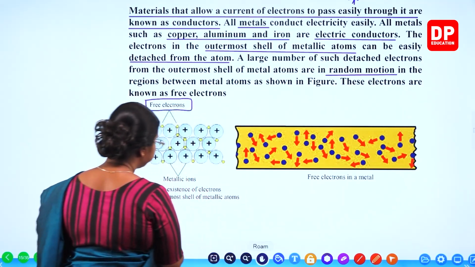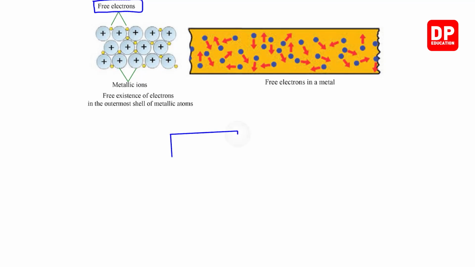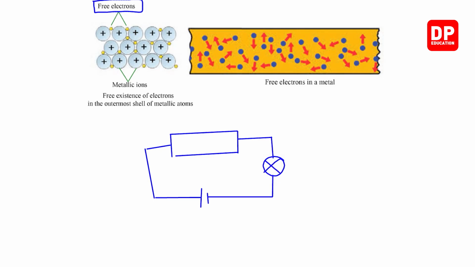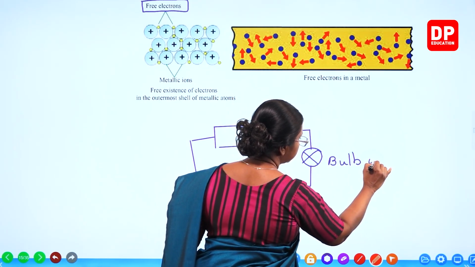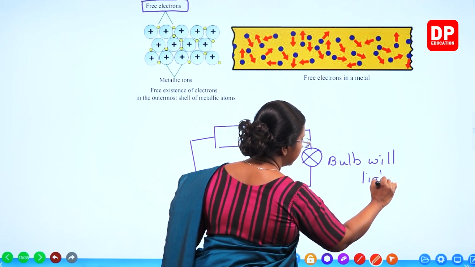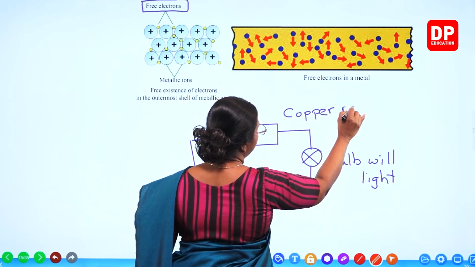So for example, if we take a copper rod, initially it will be like that with random electrons. But once you connect it to a battery, and if you have a bulb like that, then you will see the bulb will light, and here you have the battery, and this is a copper rod.